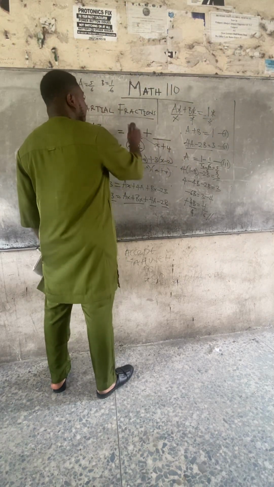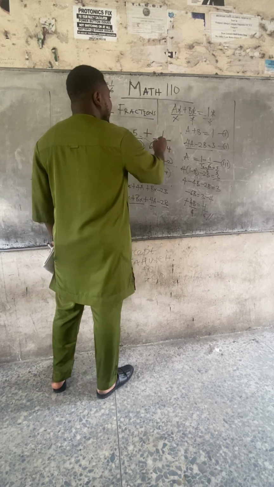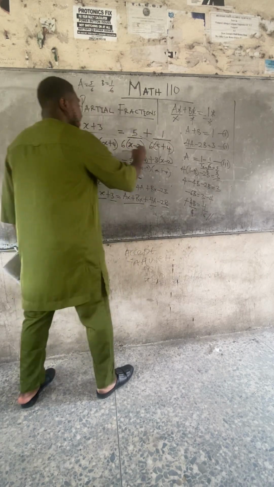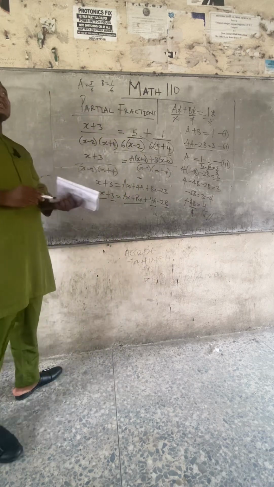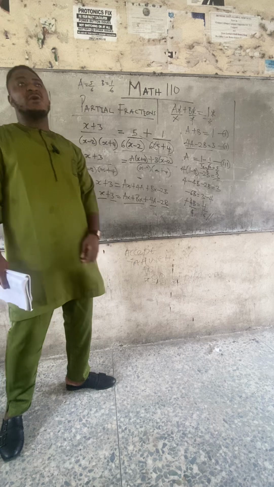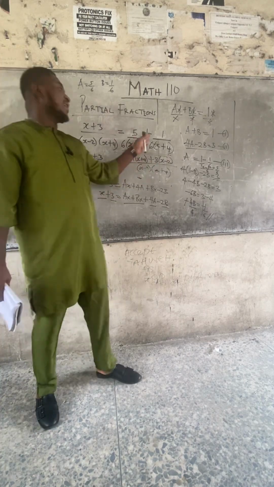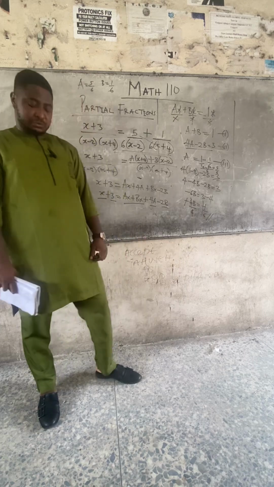A is 5 over 6, B is 1 over 6. This is how you're going to write this, class. This is your final answer: 5 all over 6 into bracket x minus 2, plus 1 all over 6 into bracket x plus 4.